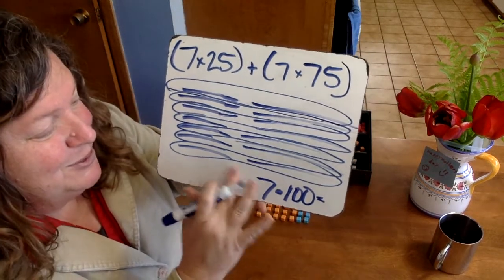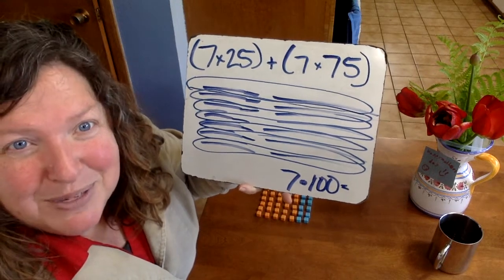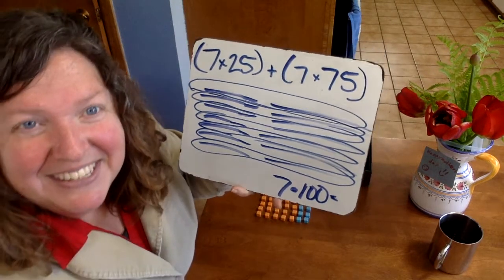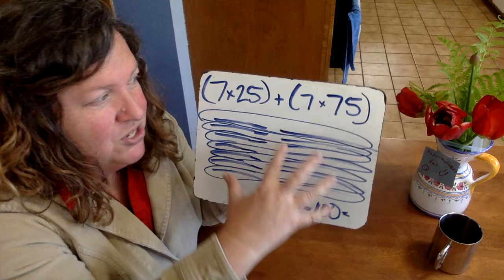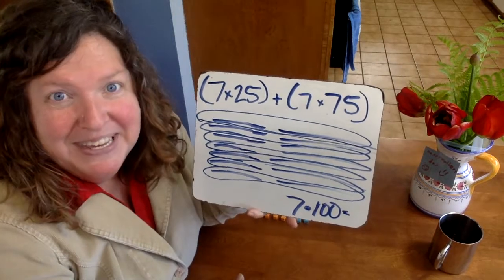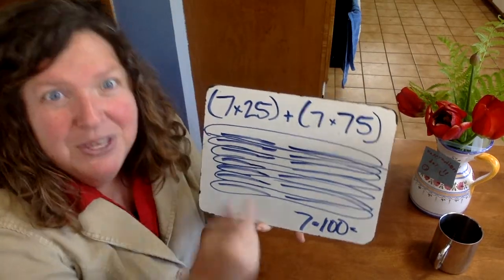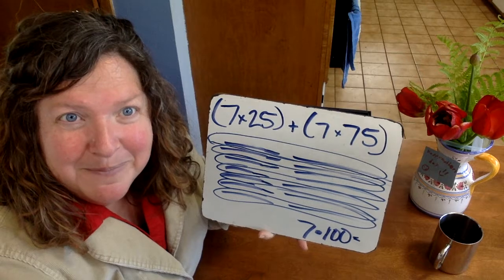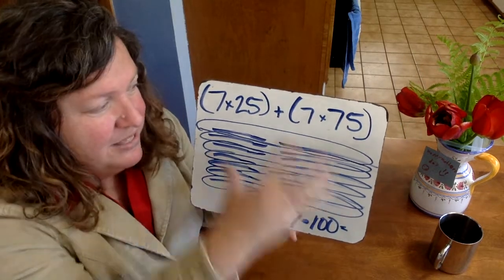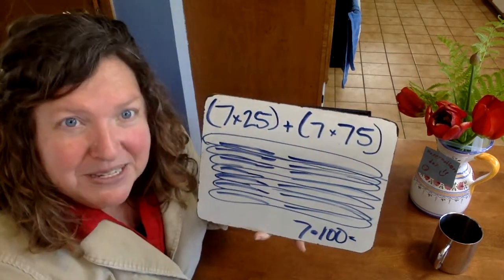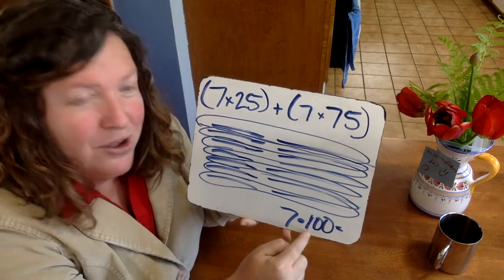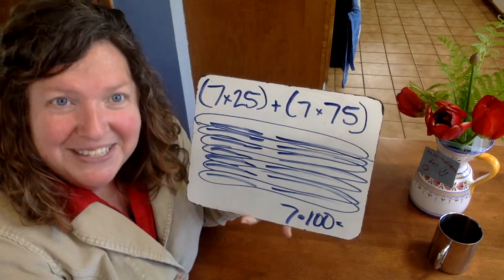Well, I'm sure you can do that one in your head. 7 groups of 100? 700. It's a lot easier to solve that, 7 groups of 100, than it is to do 7 groups of 25 plus another 7 groups of 75. So we're using the distributive property the opposite way to solve the problem and make it easier to solve this time.